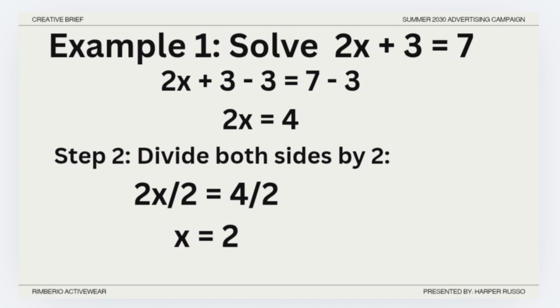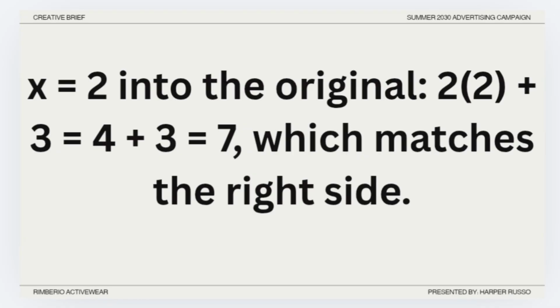Divide both sides by 2. 2x over 2 = 4 over 2. Finally, x = 2. Then check the result by substituting the number 2 for x into the original equation. 2 times 2 + 3 = 4 + 3, which is finally 7, which matches the right side.